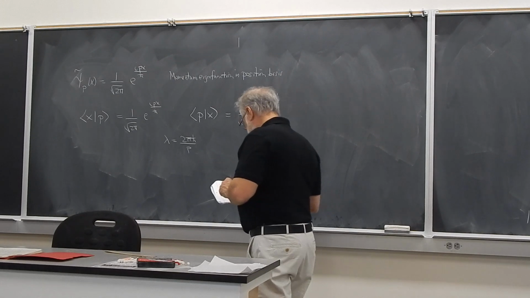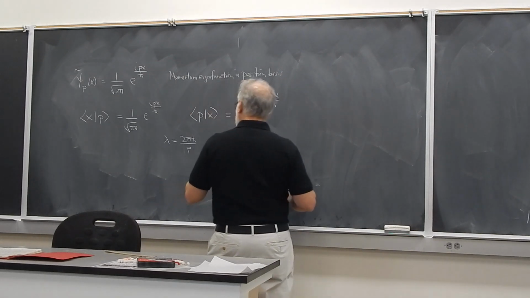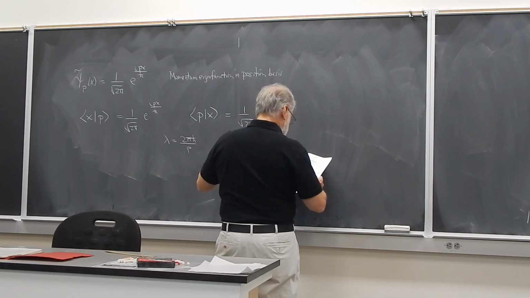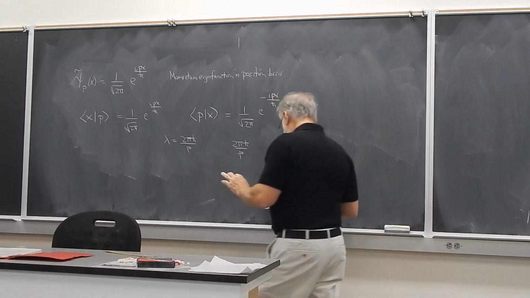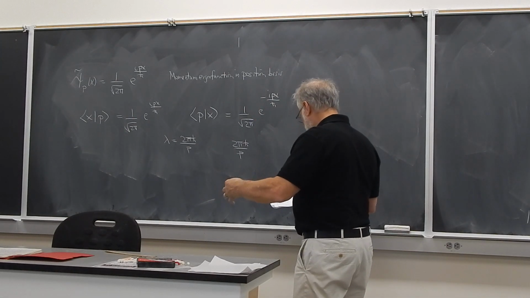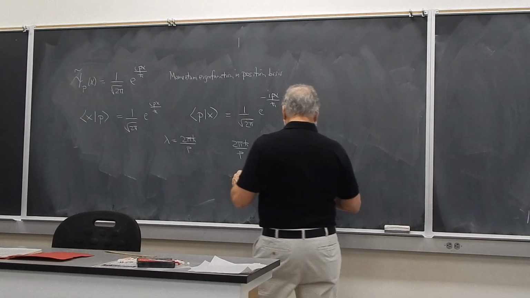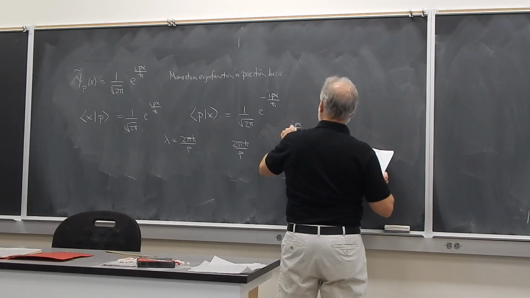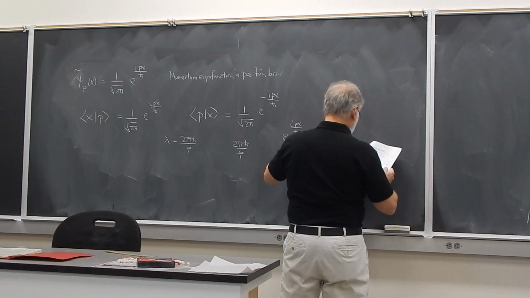Now, notice, since the function is periodic, it is unchanged anytime we add 2 pi h bar over p to the variable x. Notice what happens. e to the i px over h bar.